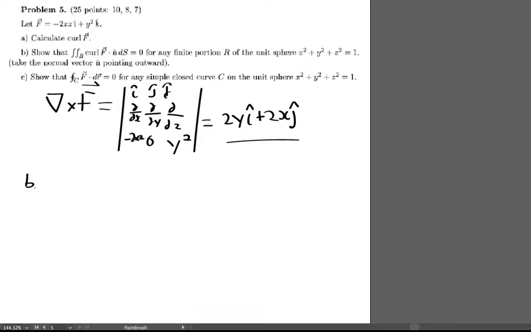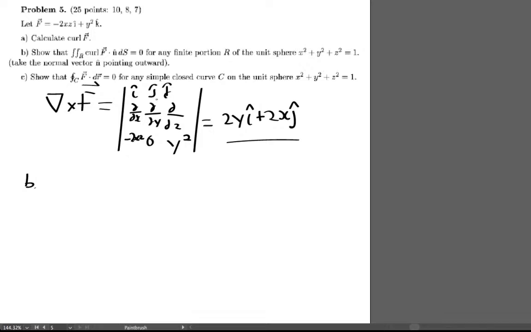Because the curl f vector dot n hat dS, but n hat I know it's 1, 0, 0. Wait, no, it's x, y, z. So it's 2xy plus 4xy. Pointing outward, it doesn't make sense.